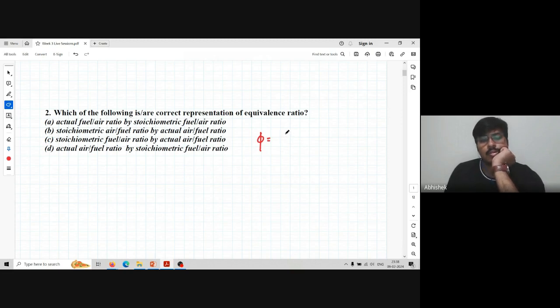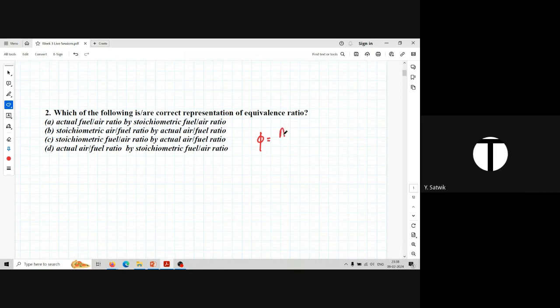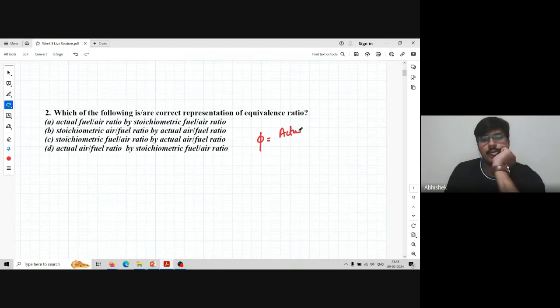It is the ratio of actual fuel-air ratio by stoichiometric fuel-air ratio.